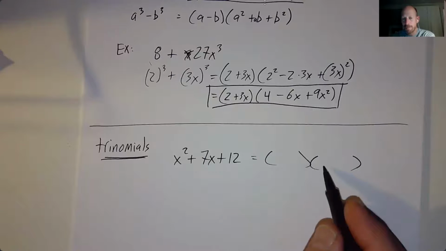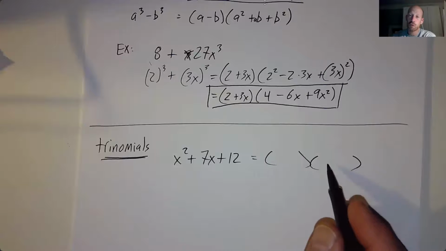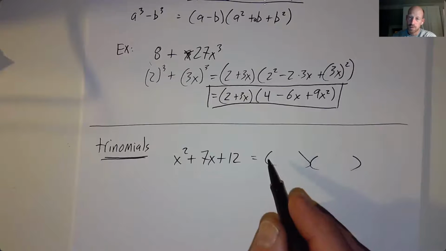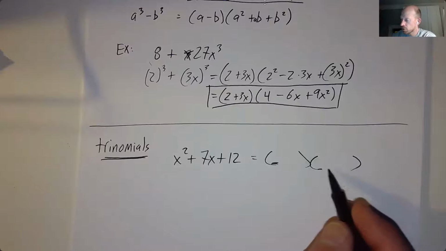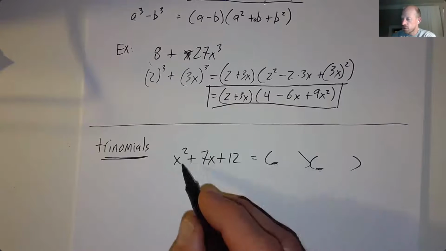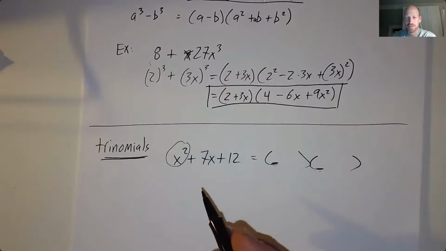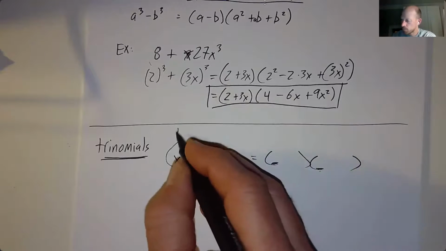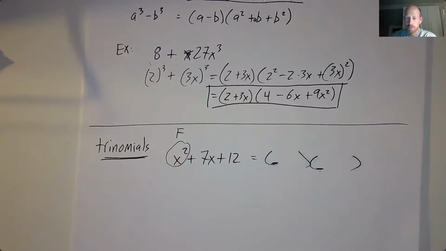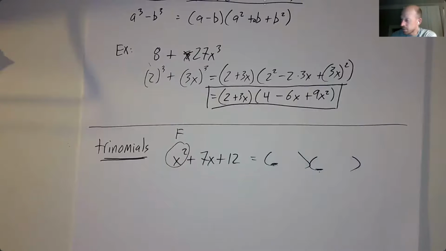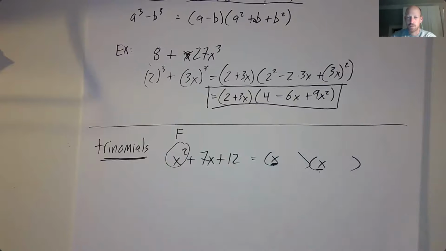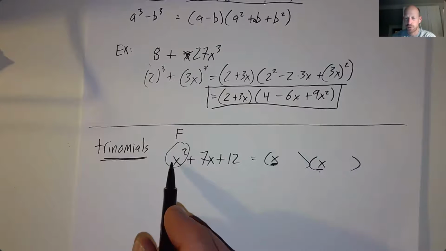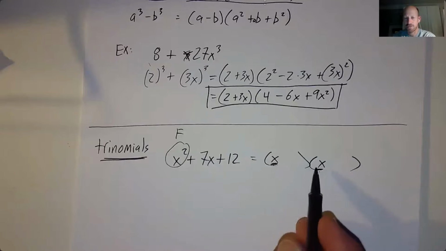Remember, when we multiply binomials together, we would FOIL them. The first terms here and here are going to multiply to give me this x squared. The only two things that multiply to give me x squared are x and x. So for this trinomial, these have to both be x.